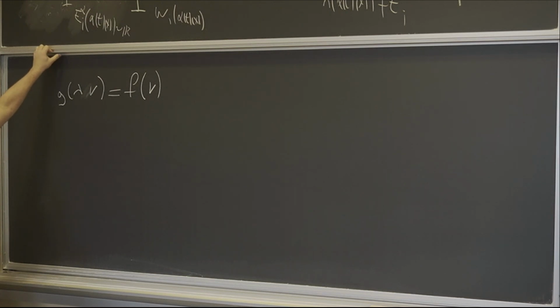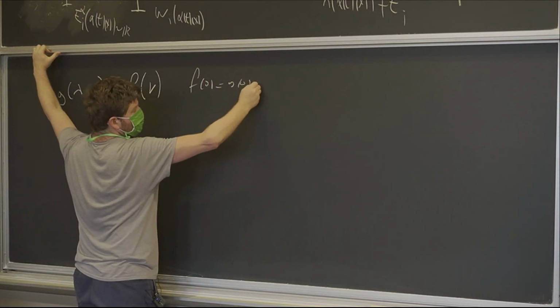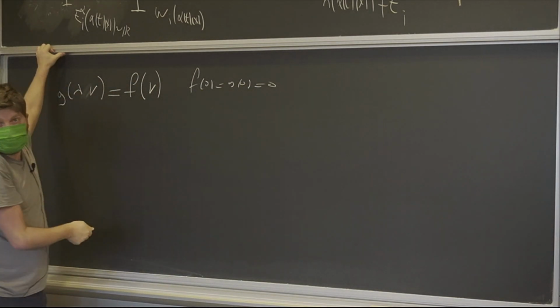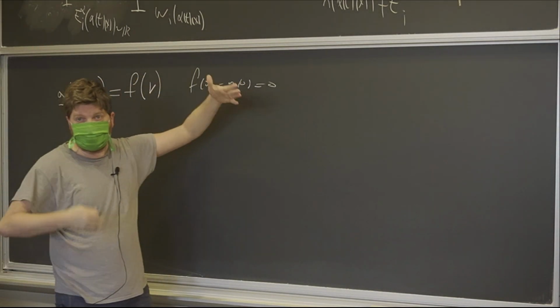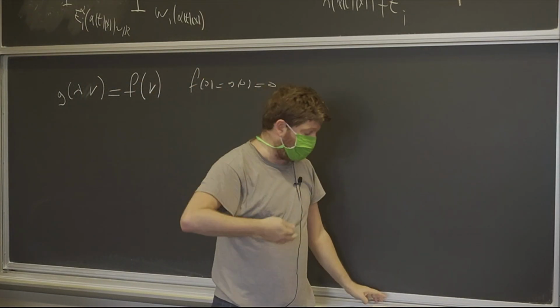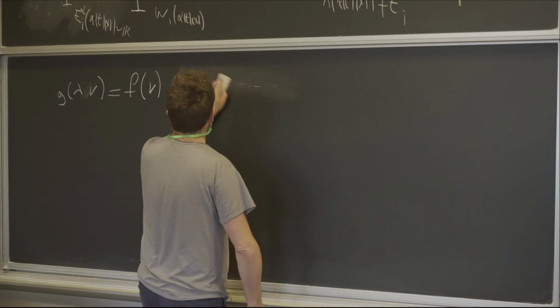We also have that F of 0 equals G of 0 equals 0, which really doesn't matter, because making it 0 or any other number is up to a constant, so it wouldn't affect lambda. So this is not important.